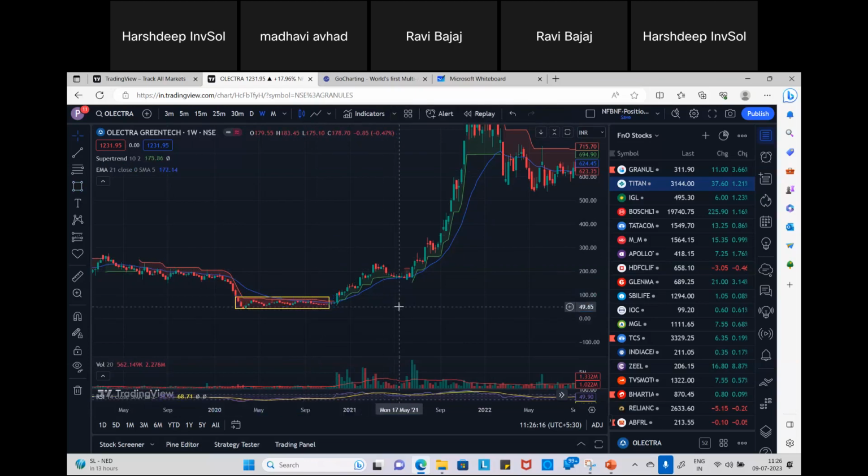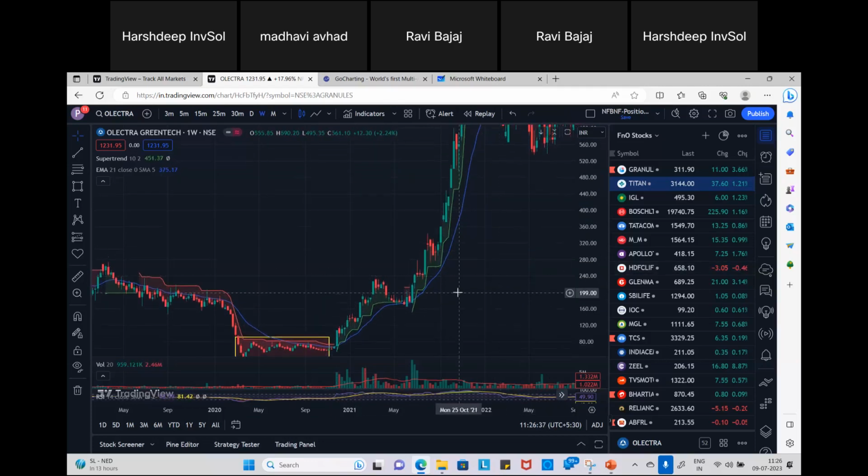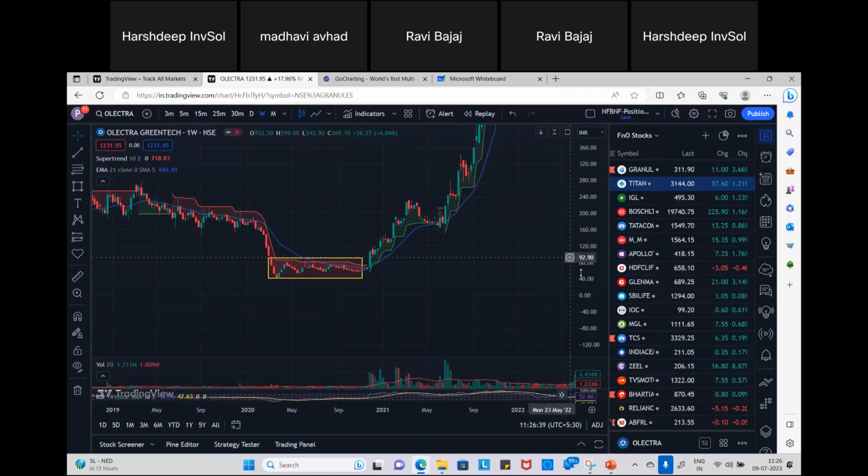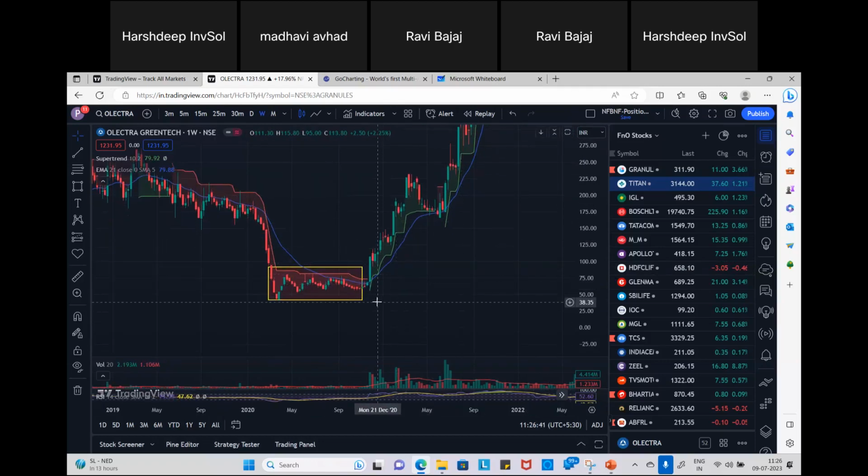How do you take an entry? This is a weekly chart. This is kind of a back testing, and we will also go to the current condition because that is on a daily basis. If you look at this weekly basis, I will slightly zoom so that you understand how it looks.